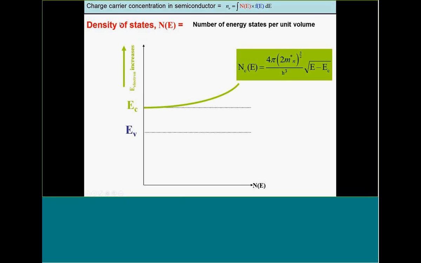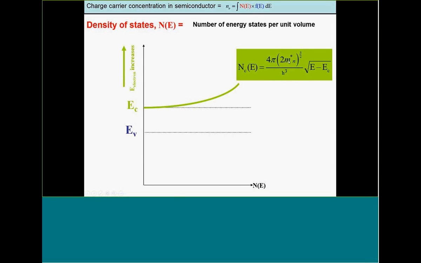And the density of states as a function of E, we can have it in this form of equation, where m star is the effective mass of the electron. Why do we use effective mass? Because these electrons are in a crystal, so it's no longer a free electron.